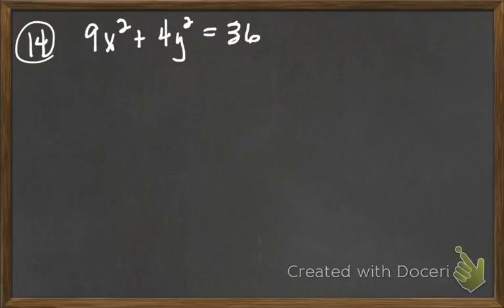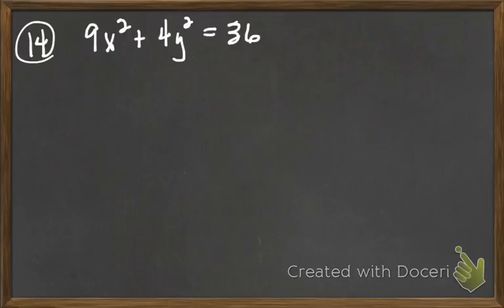If this were a circle and you had a 9x squared, then you have to have a 9y squared. For the circle to come out even in all directions, the two coefficients would have to be the same, and they would have to be positive x squared and y squared. An ellipse is going to have two different coefficients. That's what's going to make it longer left and right versus up and down or the other way.